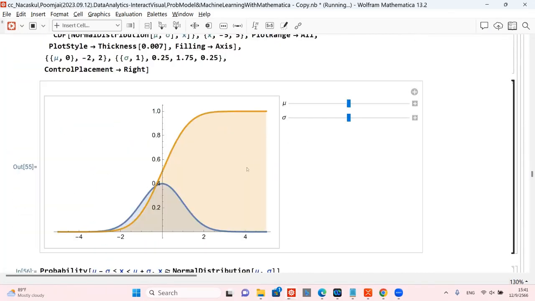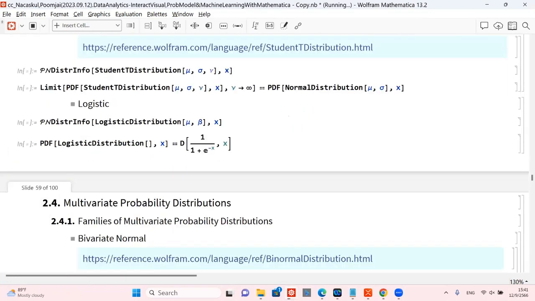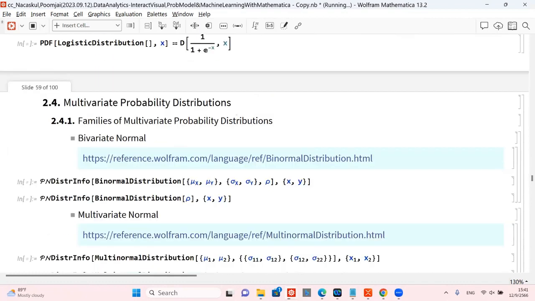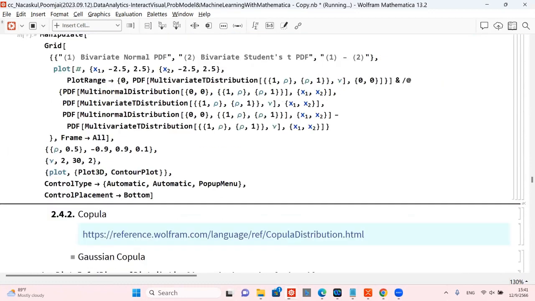See, this is the shape, right? So all this interactivity, all kinds of stuff. Student t is like a multivariate. Now this is where you will play with only one, and that one's called bivariate normal.